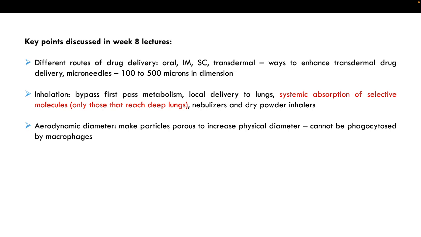So what you have done here is made use of this concept of aerodynamic diameter in formulating these particles, which are less dense enough to reach the deep lungs to go into the blood circulation, but they cannot be phagocytosed by the macrophages. We'll look at this concept in the subsequent questions as well, if it's a little confusing right now.